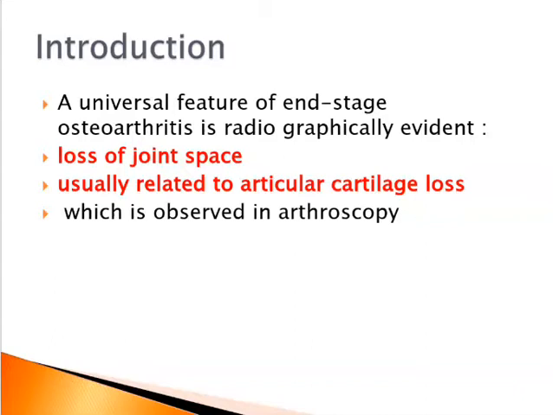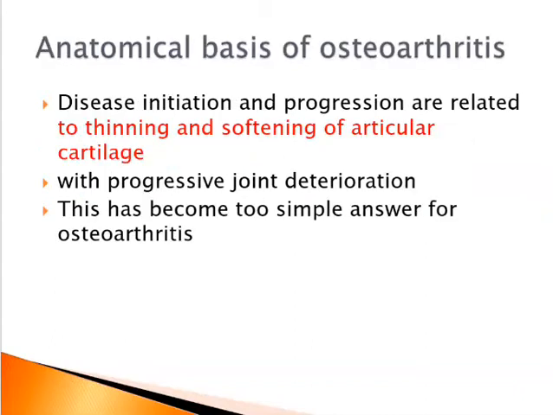This has been observed in arthroscopy. Coming to anatomical basis of osteoarthritis, the disease's initiation and progression are supposed to be related to thinning and softening of articular cartilage, and there will be progressive joint deterioration.